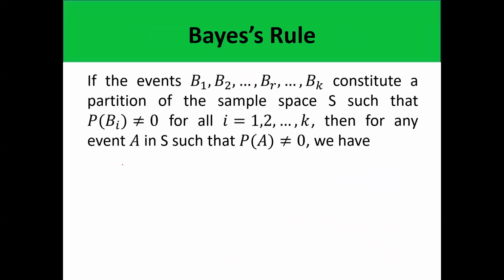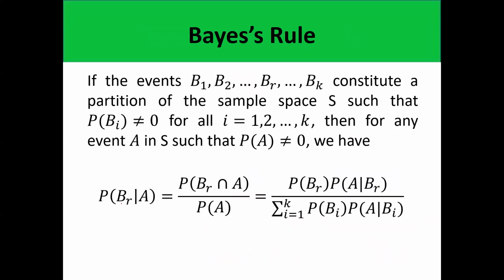So what is the Bayes rule? The Bayes rule is a formula to find the probability of a condition. Here, we have the probability that B sub r will happen given that event A already happened. Using the conditional probability formula, we have the probability of B sub r intersection A divided by the probability of A. But as I said earlier, in the Bayes rule, these quantities may not be given in the problem, which means you're going to apply the multiplicative rule.